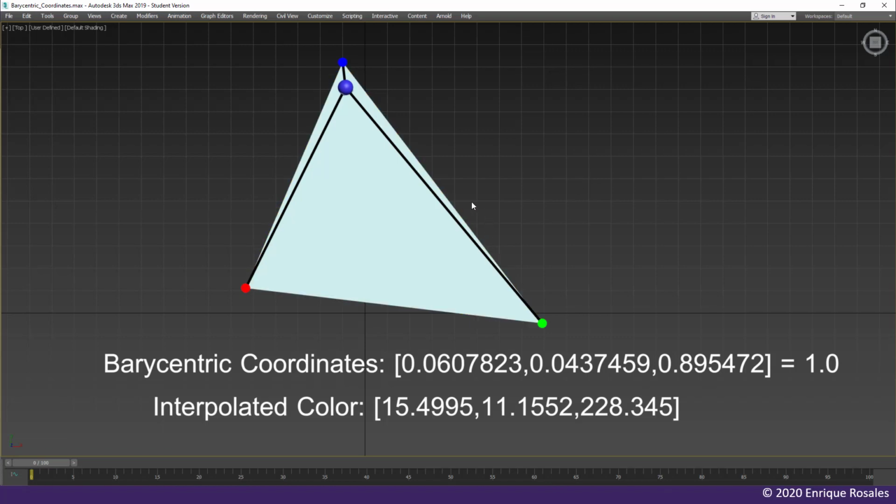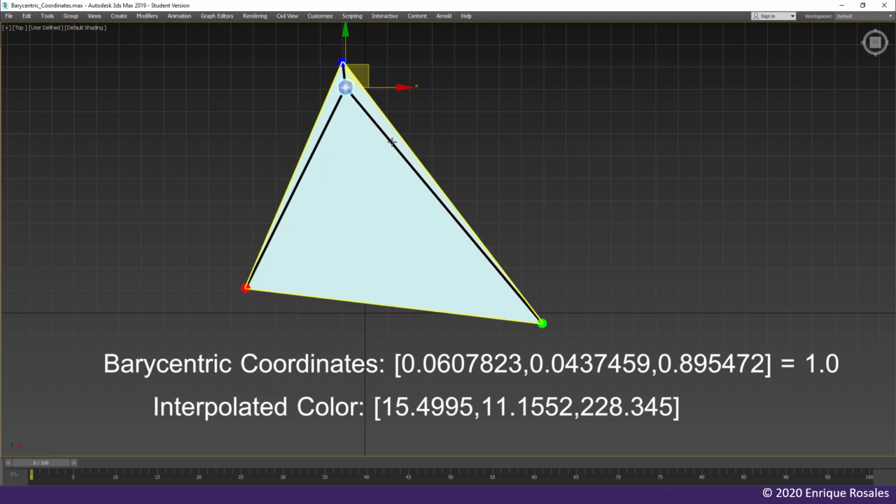And you will probably wonder why it is important to know if the sum of these weights is equal to 1. Well, this is in particular very interesting when we deal with ray tracing. When we compute ray tracing, what we do is basically throw a ray that hits this triangle.